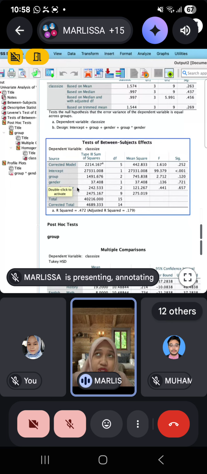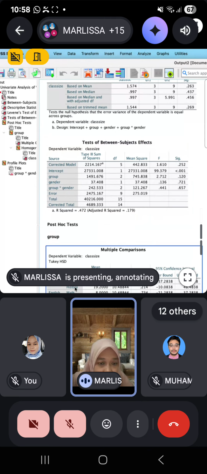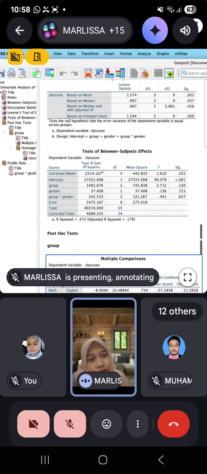So if we want to see in detail, let's say math and English, math and history, English and history, let's say you want to see between math and English, is there a significant difference or not? Math and history, is there significant difference or not? If you want to look at that much more in detail.